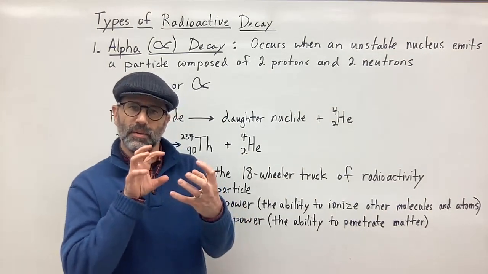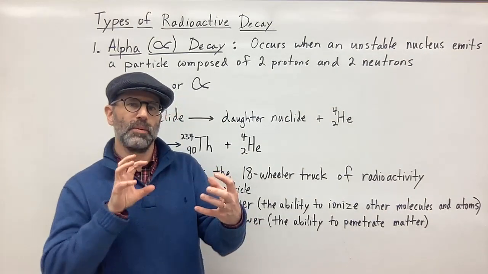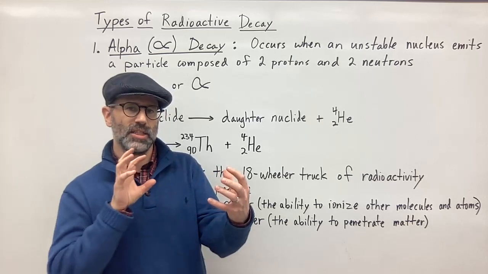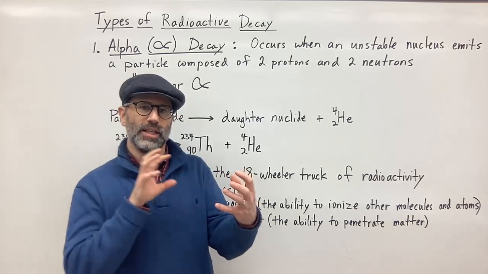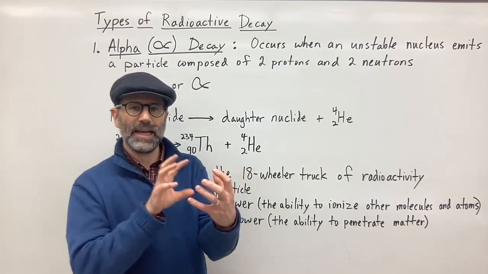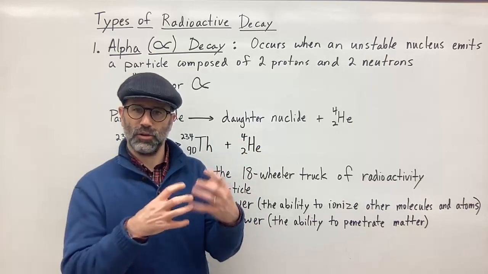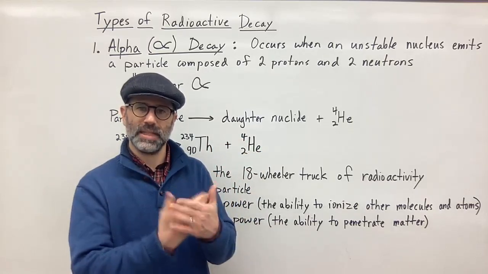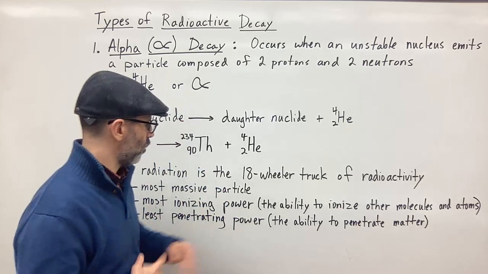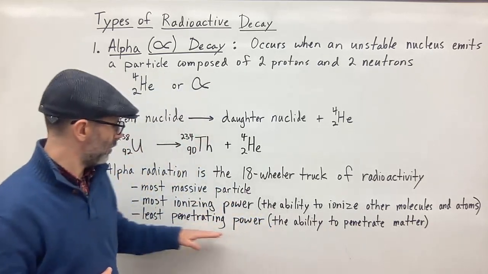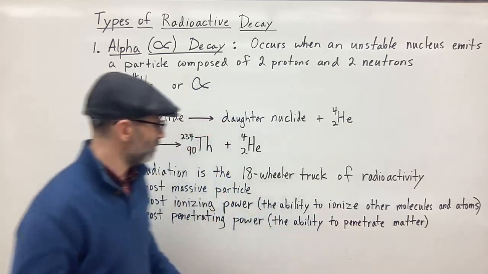So the alpha particle is not going to be able to get very far because as it's going through the matter, it's colliding with all of these atoms and molecules, and so it's going to be stopped pretty soon. So it doesn't have a high ability to penetrate matter.